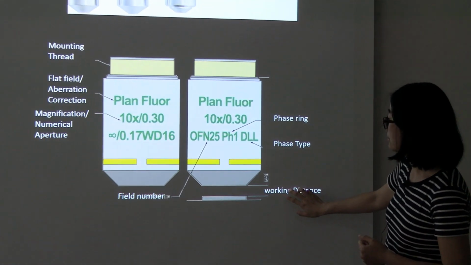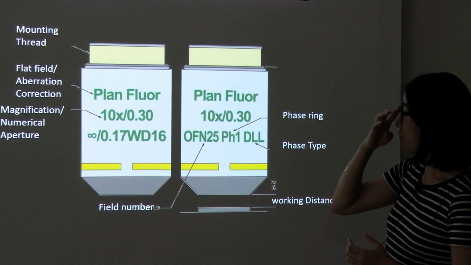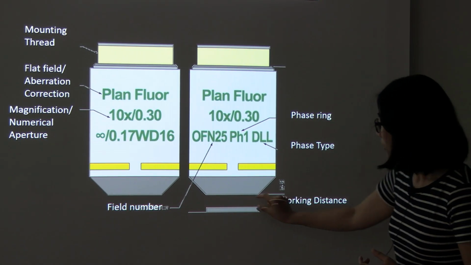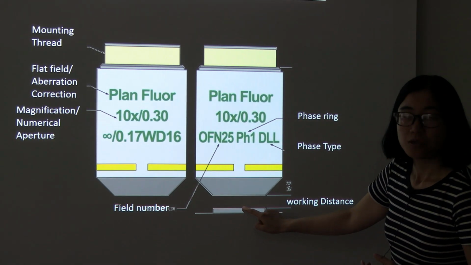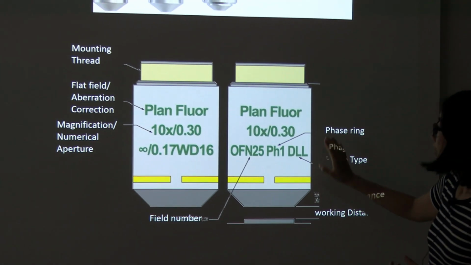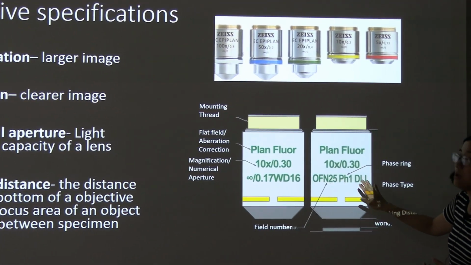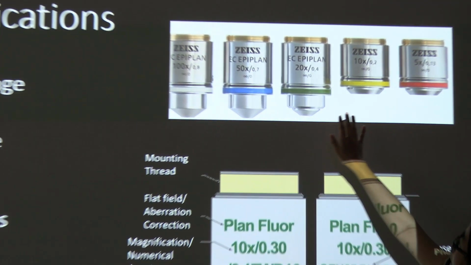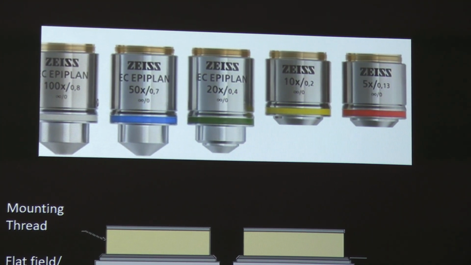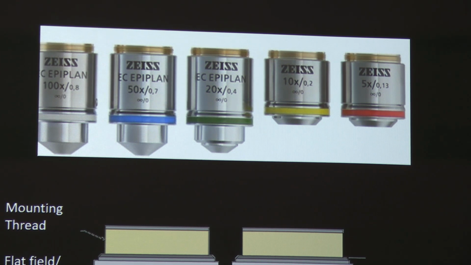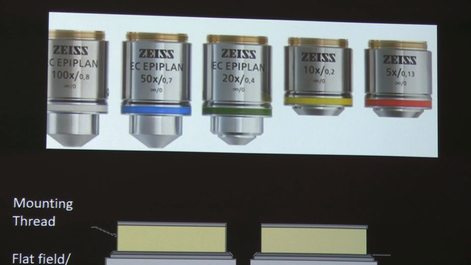So here shows you the working distance. Working distance means, when you have it focused with the eyepieces, the distance between the objectives and your sample. It could be different on different objectives. But here, if you see, it's this site, or also the site that you will use in your exercise 3, it has the same working distance.